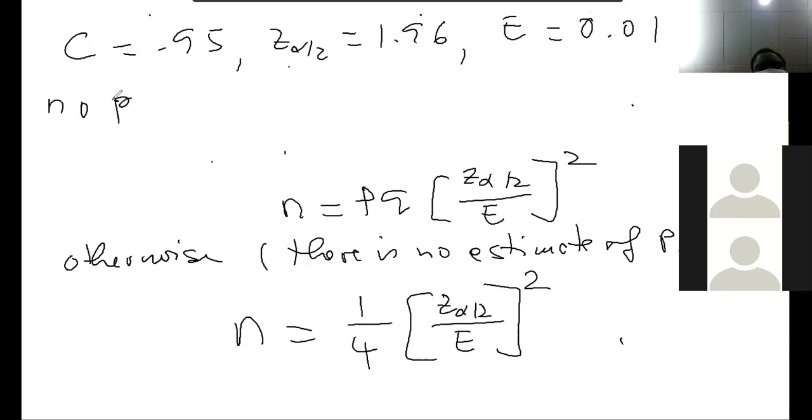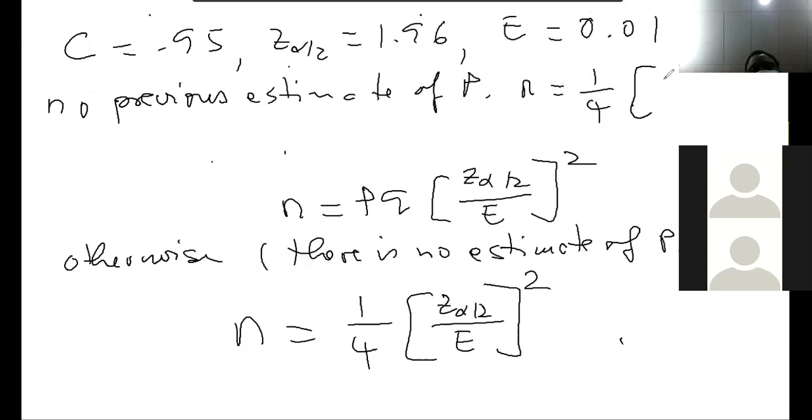No previous estimate of P. You have n equals 1/4 times 1.96 over 0.01 squared. So what do we get? n equals what? 196 squared divided by 4.